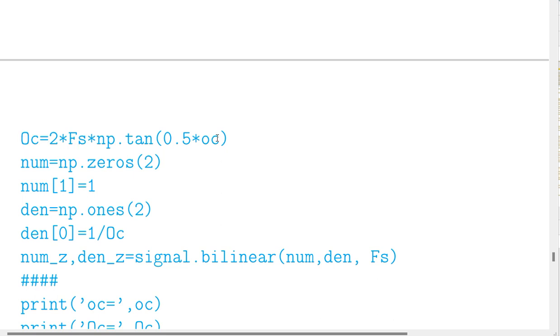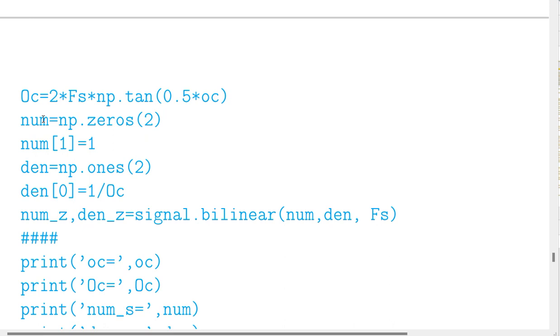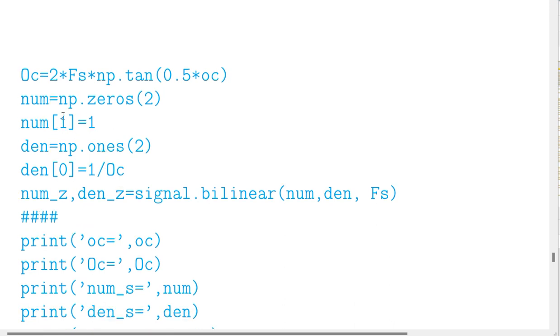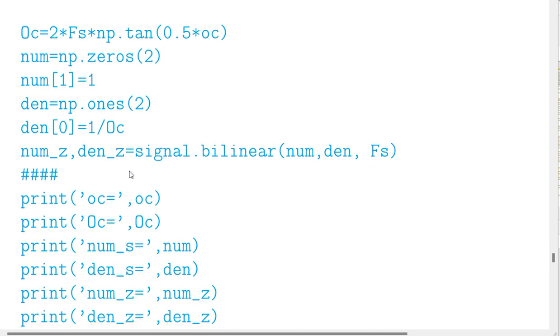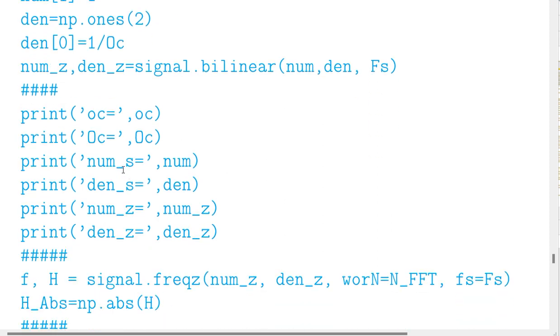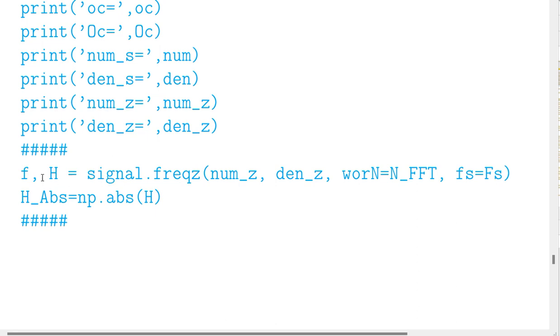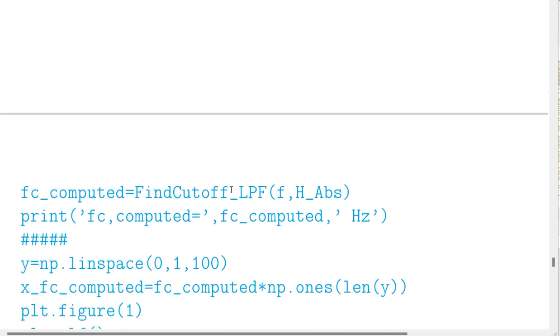Capital Omega C, how it's calculated. Now, num and denom, you see here: num 1, denom 1 over omega C. Now, num z, denom z, signal bilinear num and denom and fs, and the rest is very simple. Okay?